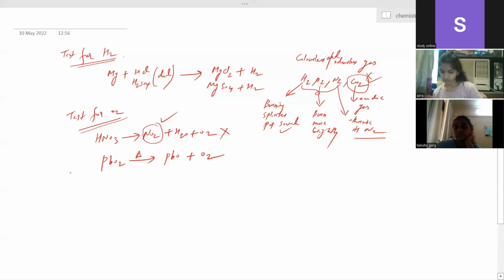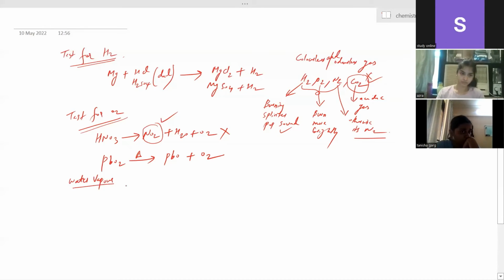Okay, what about water vapor? How will we test whether it's an aqueous solution?